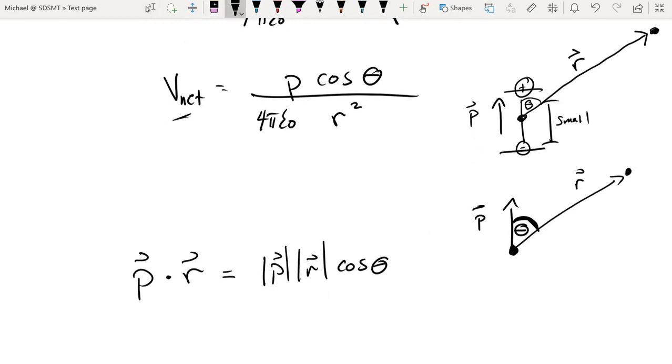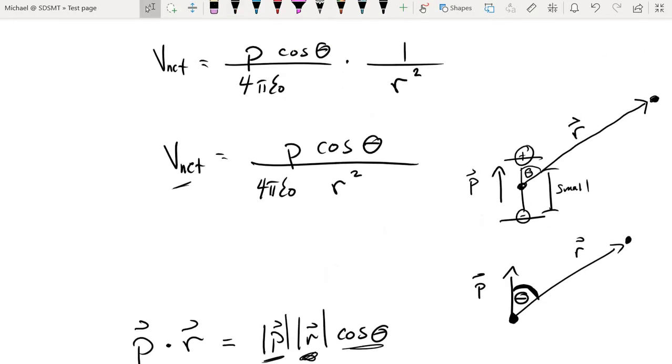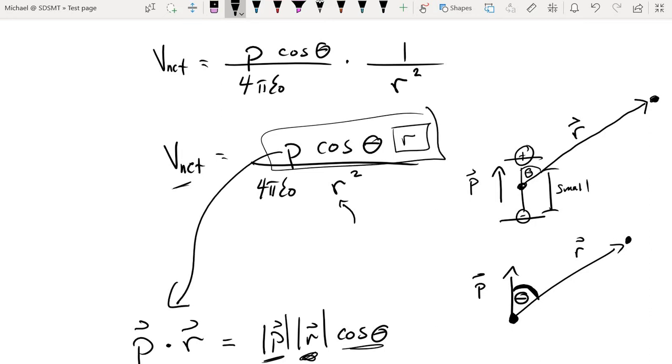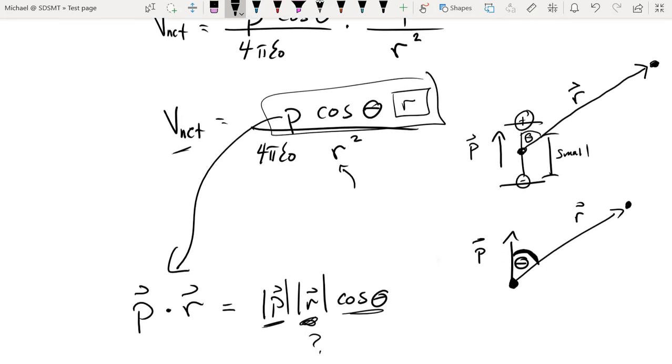Okay, so I've got the electric dipole, I've got the cosine theta, but where's the R value? And some of you might say, well, it's right there, except it's in the wrong place. I need the R value up in the numerator somewhere so that I can combine everything and call it a dot product, but I don't have an R value up there.